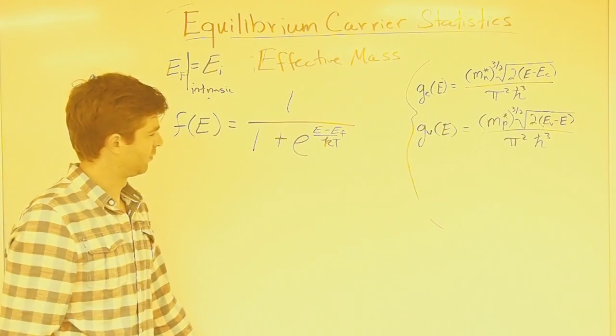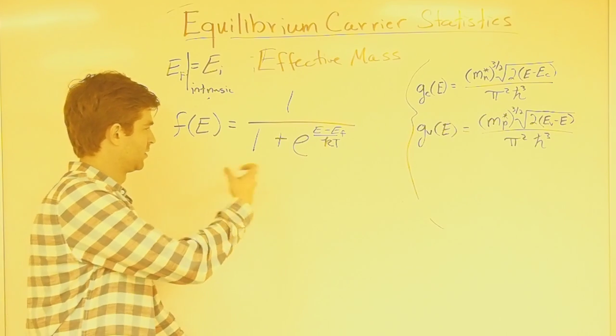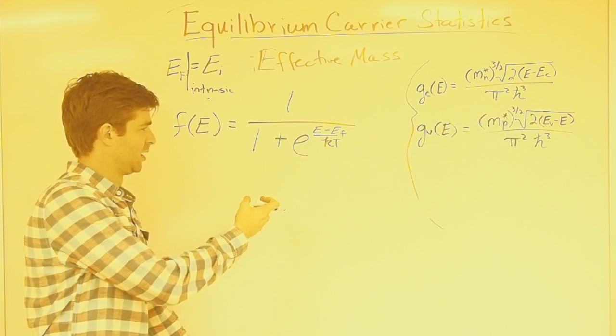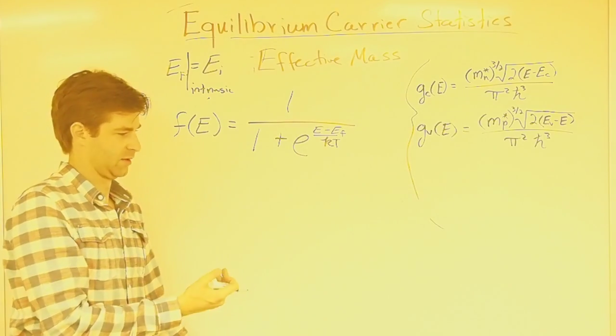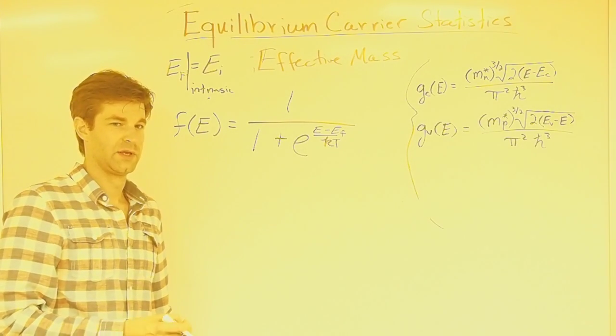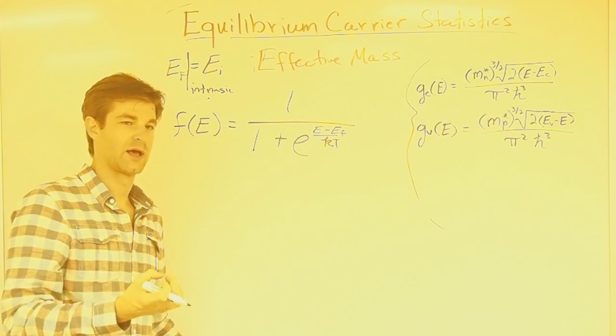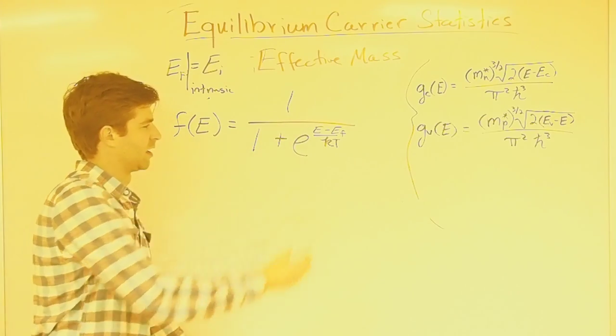If we added some kind of dopant like boron or phosphorus, whether or not that dopant became ionized has to do with this equation right here.